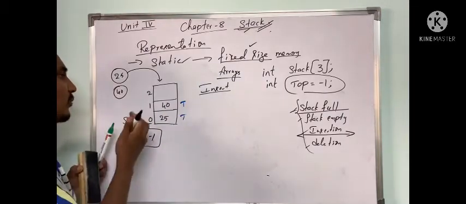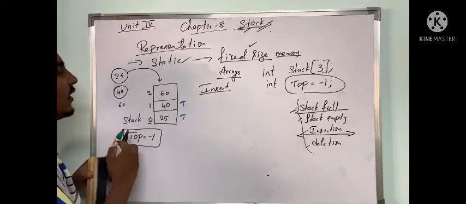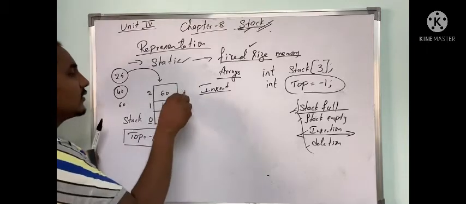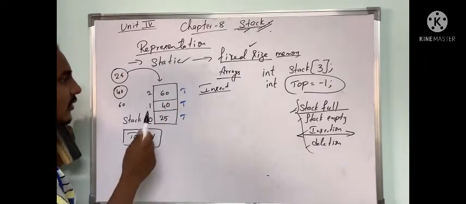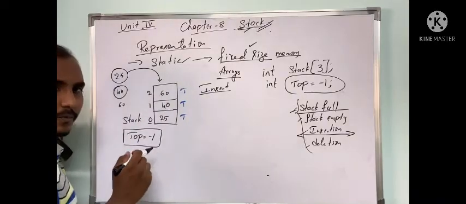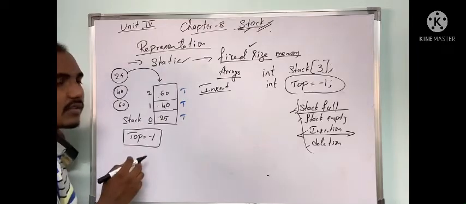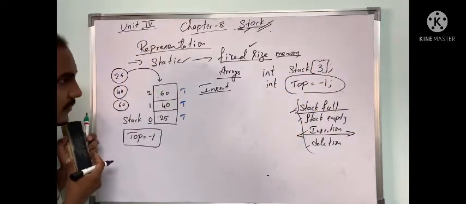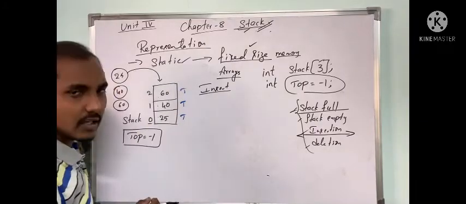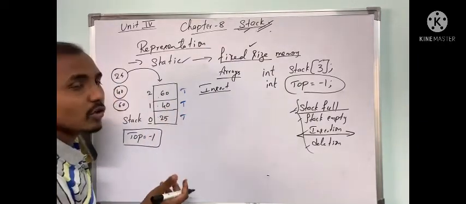And if I insert one more element, say 60, then 60 is inserted and top will be at index 2. Now, can I insert any more elements? No, it is not possible, because we have fixed the size as 3, so I can insert only 3 elements. If I want to insert one more element, it is not possible.